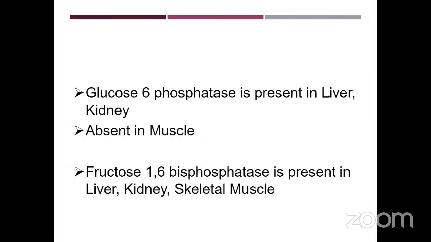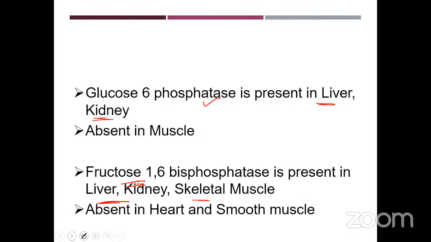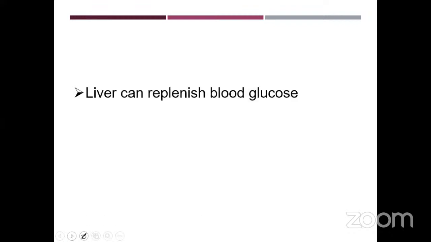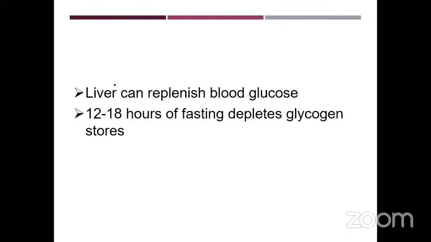I told you the site of gluconeogenesis is the liver and the renal cortex. So this enzyme is present in the liver and kidney. In muscle it is absent. The second key enzyme is also present in liver and kidney, and to some extent in skeletal muscle. So the liver is the organ which can replenish the blood glucose level when it is low due to a low carbohydrate diet.